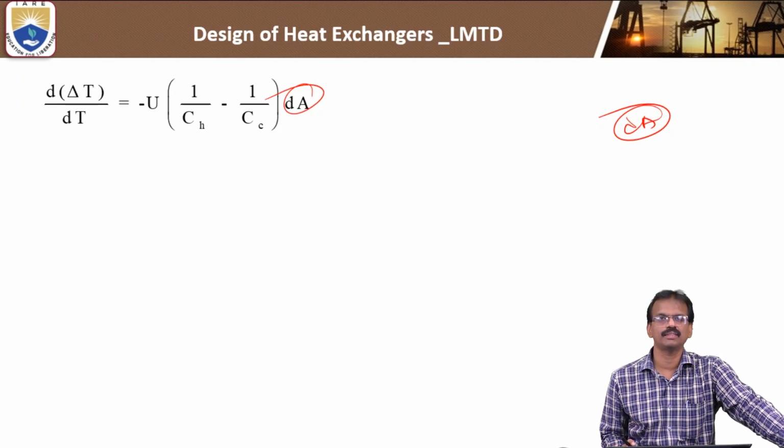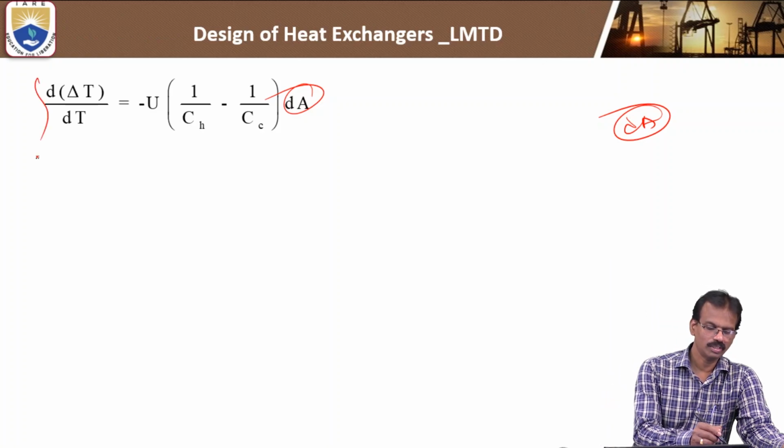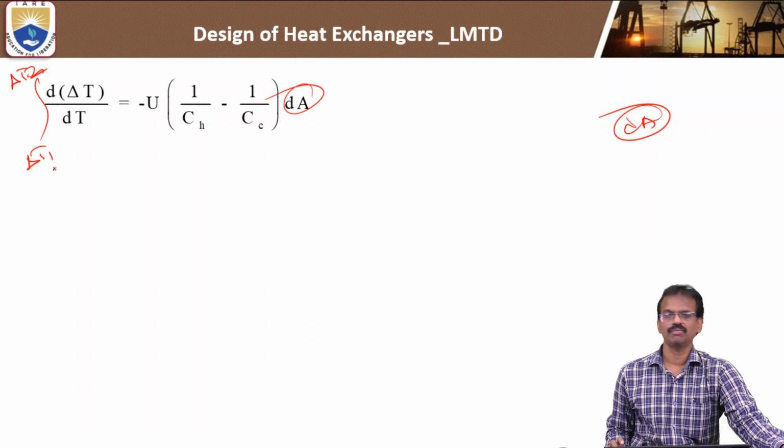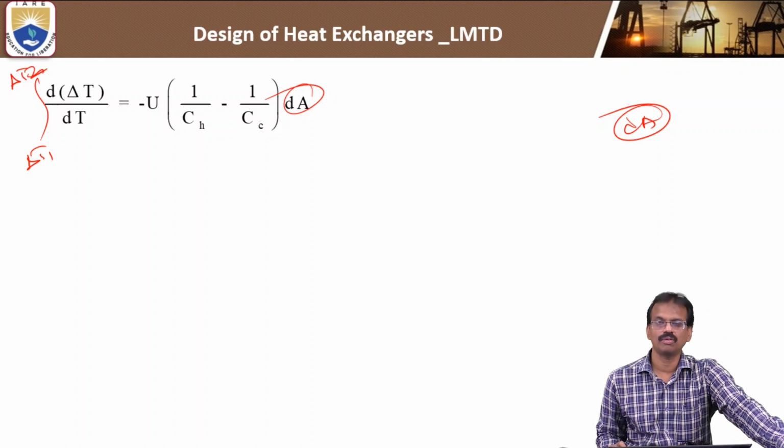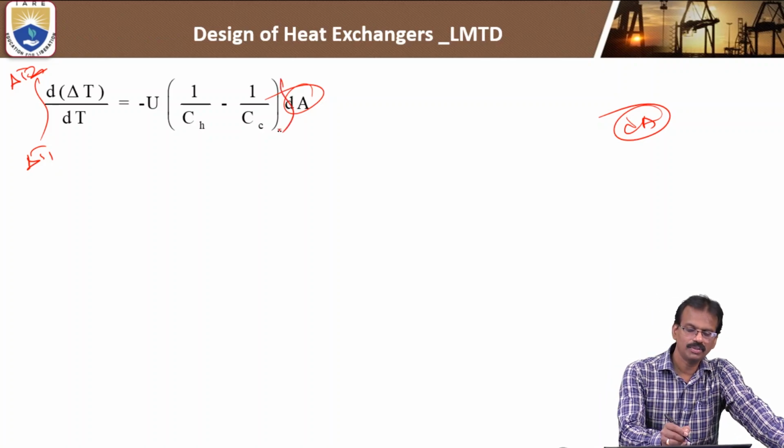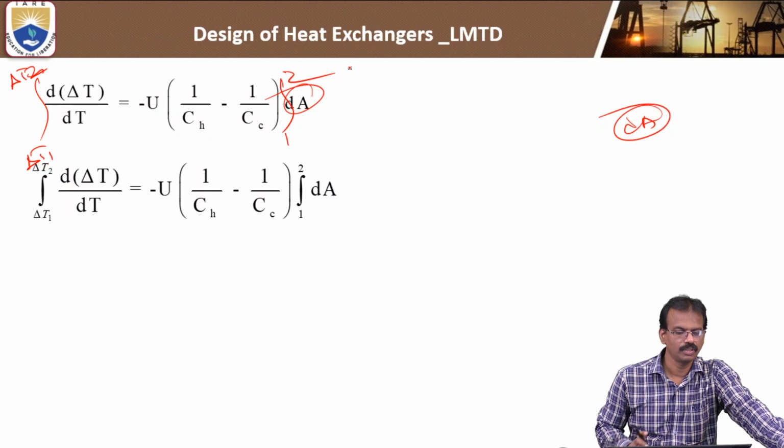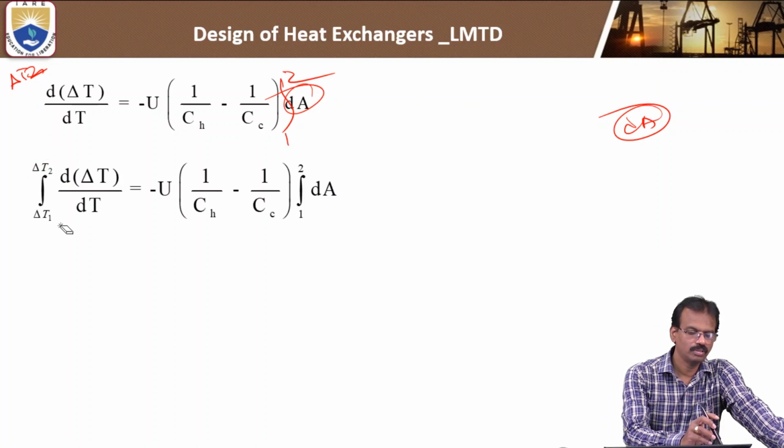So counterflow heat exchanger. Then integrating this with respect to limits, from delta T2 to delta T1. You know these delta T1 and delta T2 values in counterflow. Here the limits are sections 1 to 2. Okay. Delta T2, delta T1 are the limits.